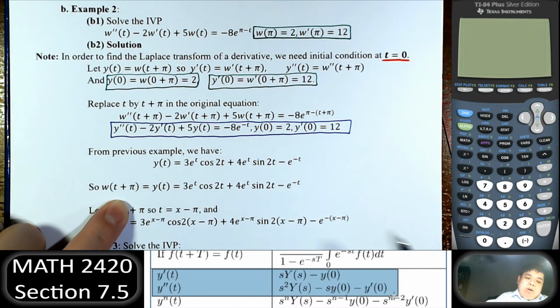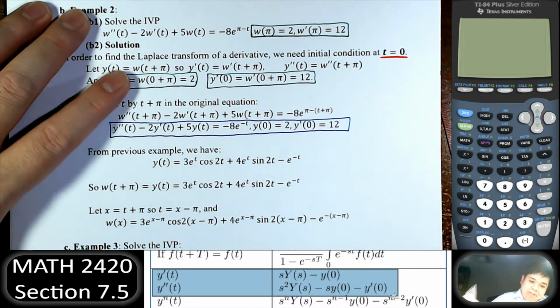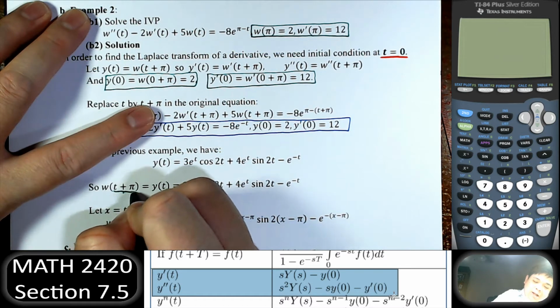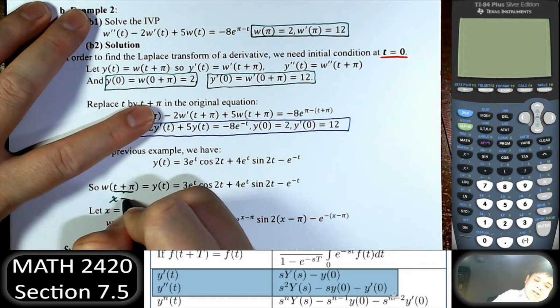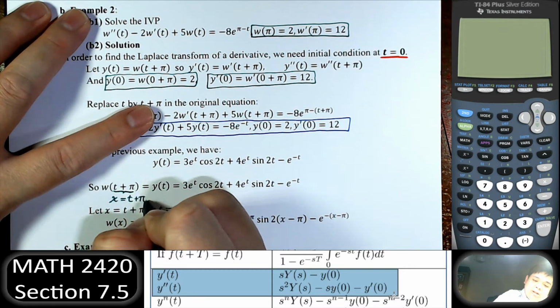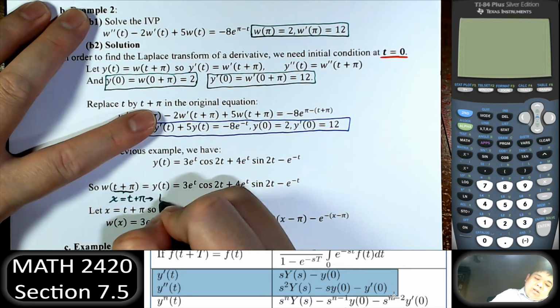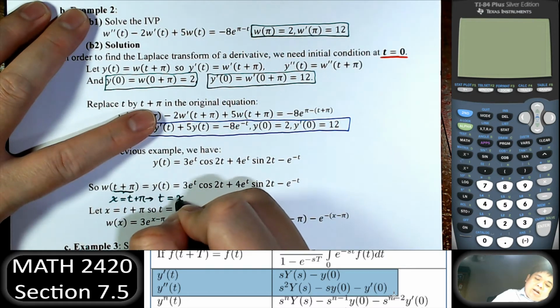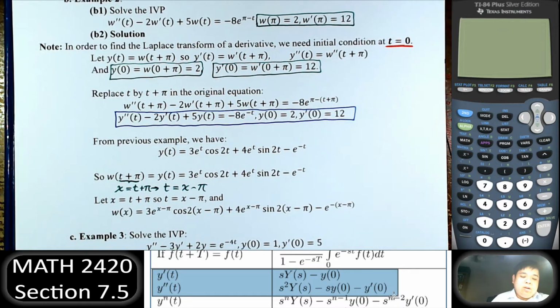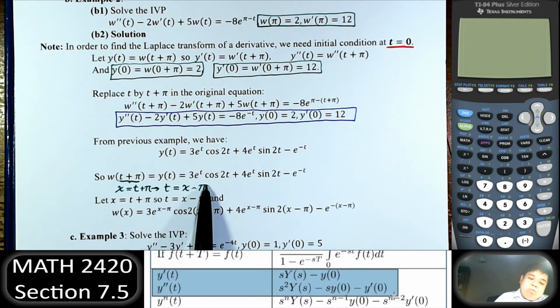Now, if we replace this by x, and so t is equal to x minus pi, then we will substitute x minus pi into t in this equation.